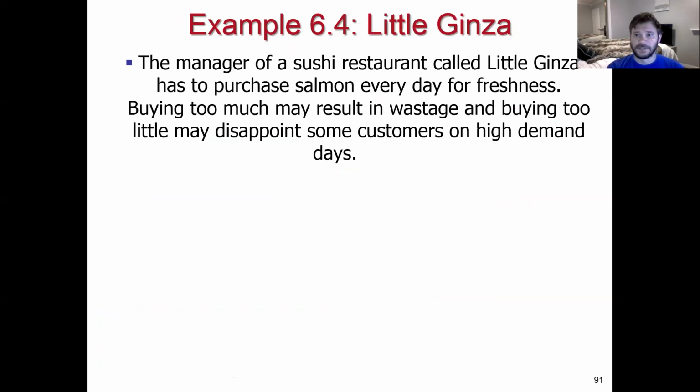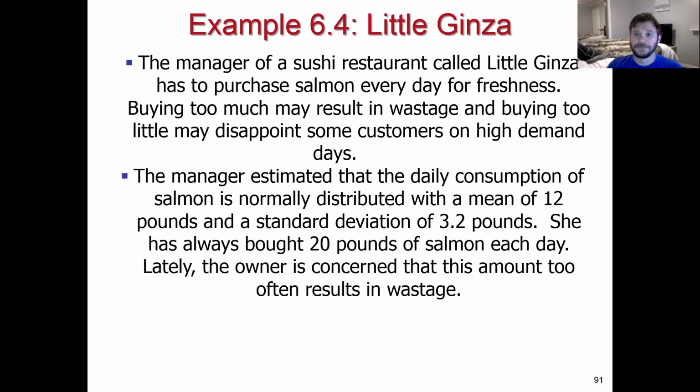The case study involves a sushi restaurant that has to purchase salmon every day for freshness. They don't want to buy too much salmon because then they're going to waste a lot of their inventory as it spoils. And they don't want to buy too little because then they're going to disappoint their customers on high demand days. The manager has estimated that the daily consumption of salmon is normally distributed with a mean of 12 pounds and a standard deviation of 3.2 pounds.